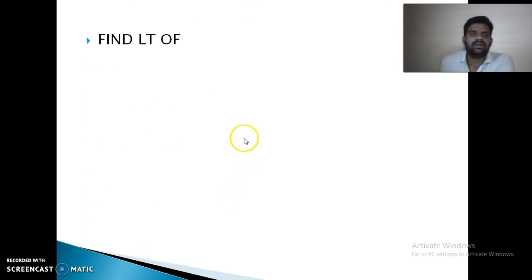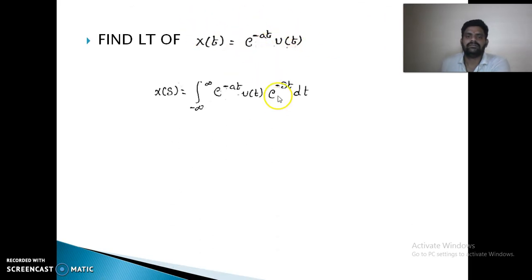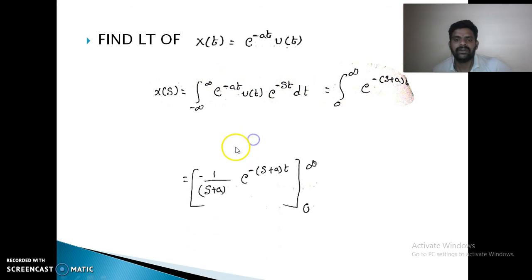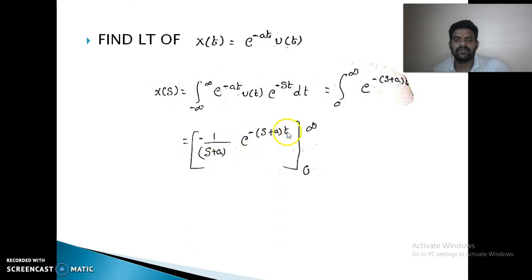Laplace transform of e power minus at u of t, the exponential function. So e power minus at u of t into e power minus st, and u of t is 0 to infinity. Substituting, the integral from 0 to infinity of e power, both the bases are common, so you can add their powers, minus s plus a into t, gives e power minus s plus a into t by minus of s plus a, from 0 to infinity, that is 1 by s plus a.